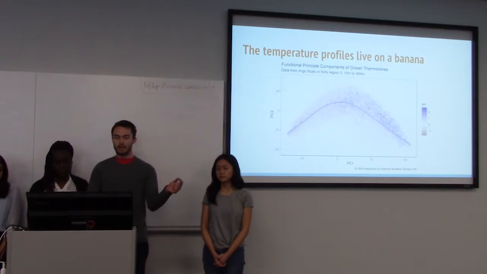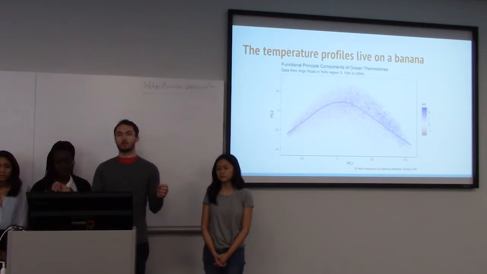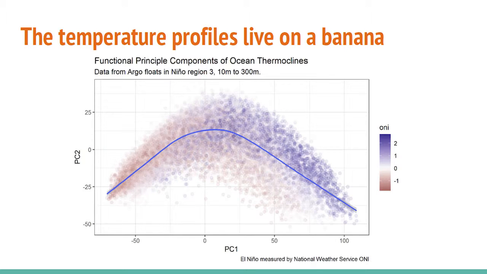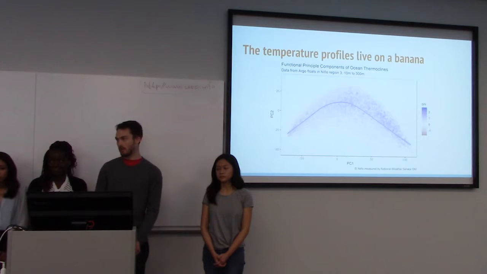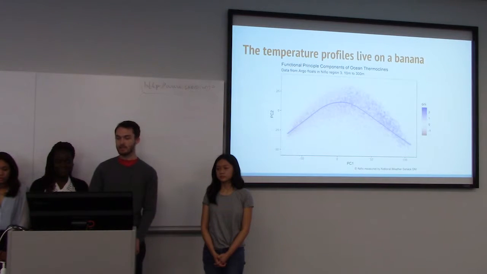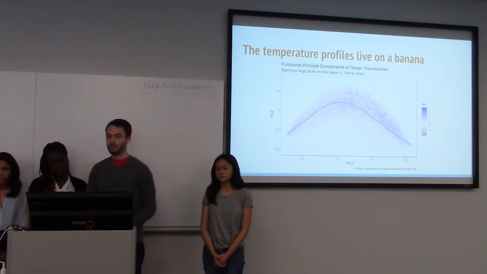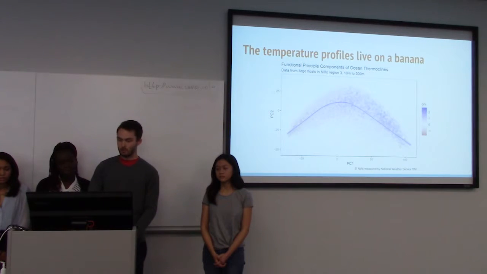So on the left side we have La Nina, and on the right side we have El Nino. What this means is that there's some space of curves, and as you move along that space, you're approximately going from El Nino to La Nina. We can actually visualize this: there's a line along this low-dimensional space where all of our curves live, and we can move along it and see what that looks like.